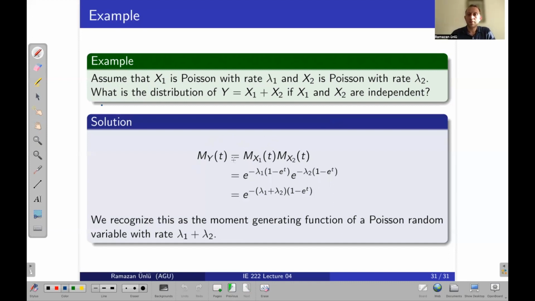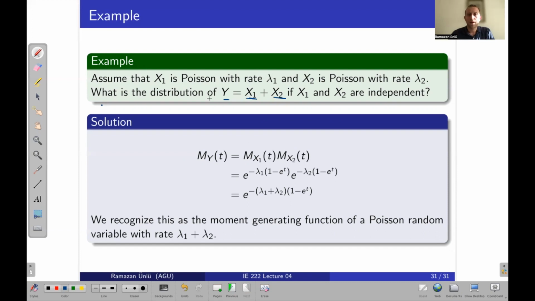The moment generating function of a random variable which is the sum of some other independent random variables is the product of the moment generating functions of those random variables. So in this case, the moment generating function of y will be the moment generating function of x1 times the moment generating function of x2.